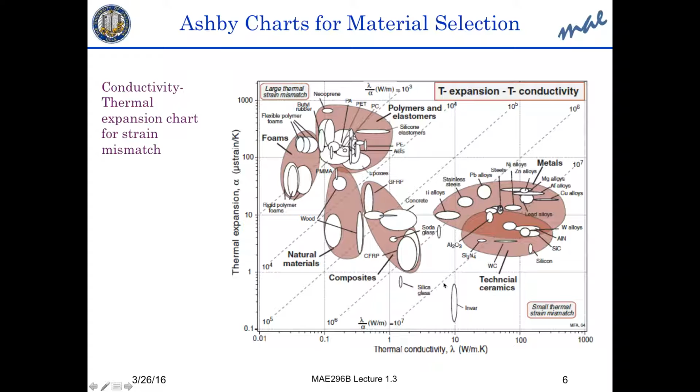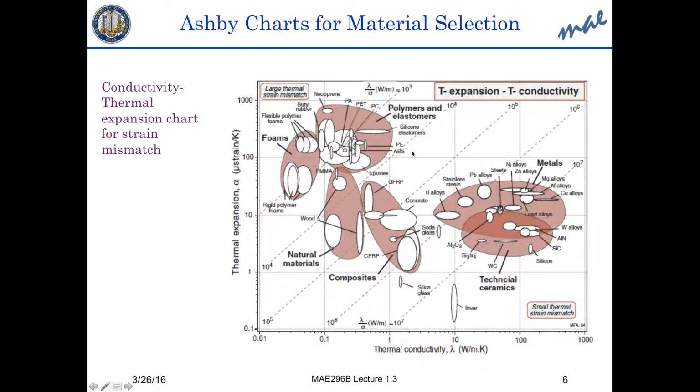And the thermal strain mismatch is described by this ratio lambda over alpha. So the lower the alpha, the higher this ratio, and therefore you get the lower thermal mismatch strains on the right, and then higher thermal mismatch strains on the left.